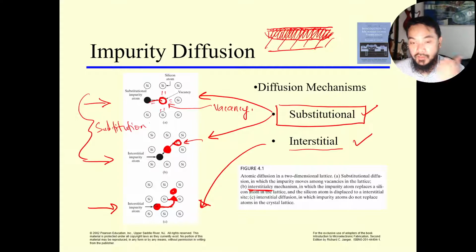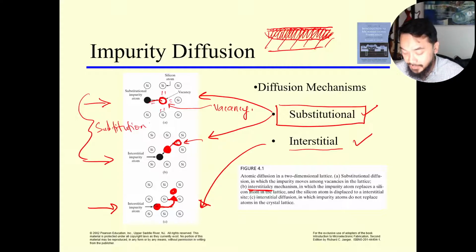Why? First of all, because substitutional is the only diffusion mechanism whereby you can have the impurity atoms in the lattice point, therefore forming covalent bonding with the neighboring atoms and contributing extra holes or electrons. These extra holes or electrons can be used to change the conductivity of the semiconductor, and therefore it becomes electronically active.